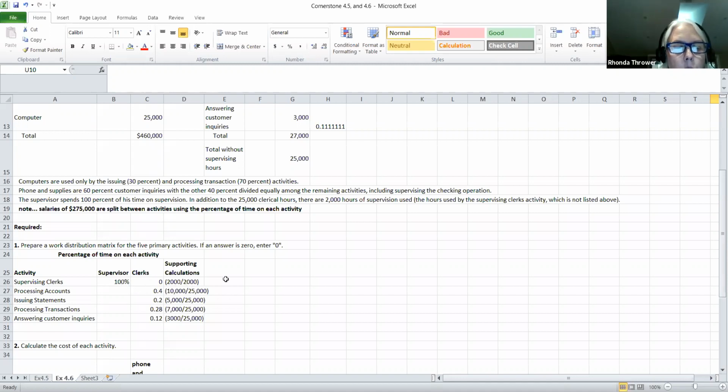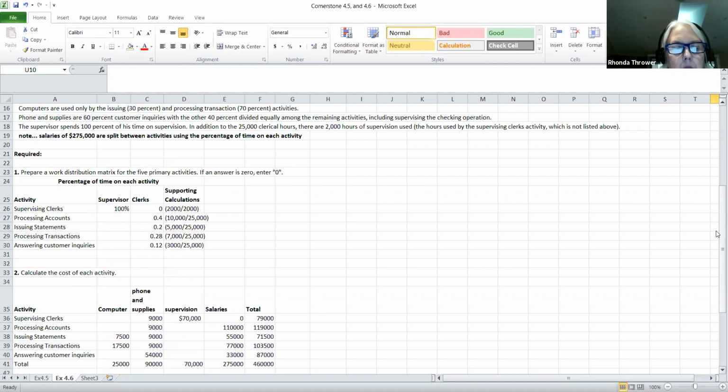So 100% of the supervision amount would go to just the supervising of clerks, which goes to the supervisor, and that's the salary there. This 100% goes in at 70,000 when you're calculating the cost of each activity.